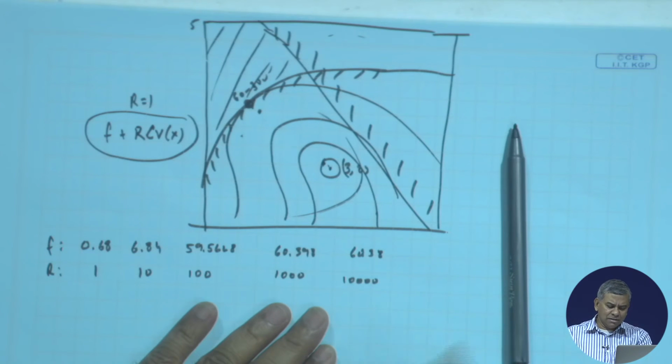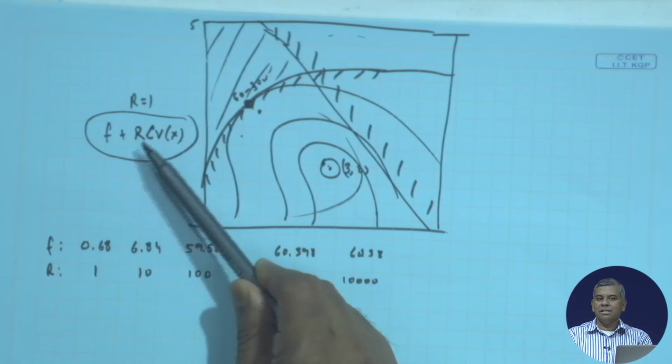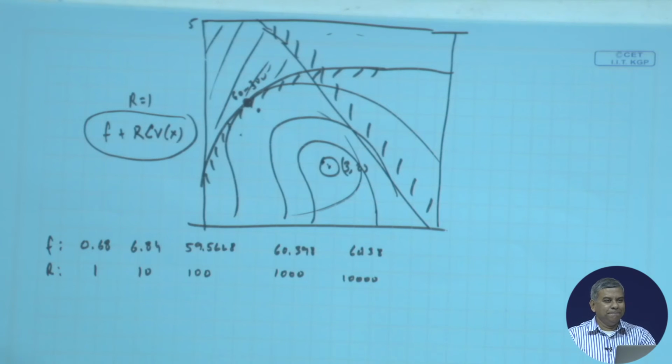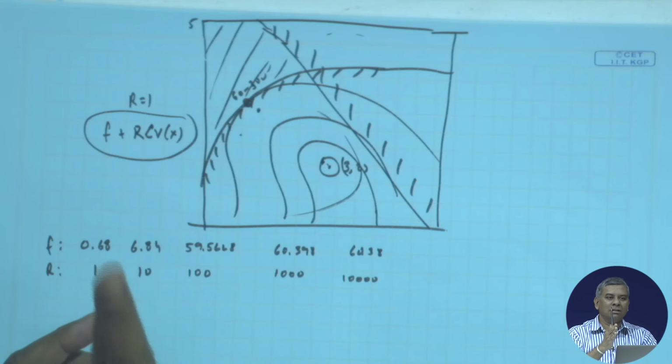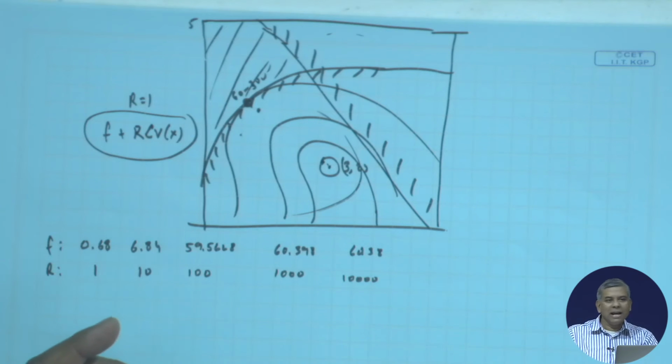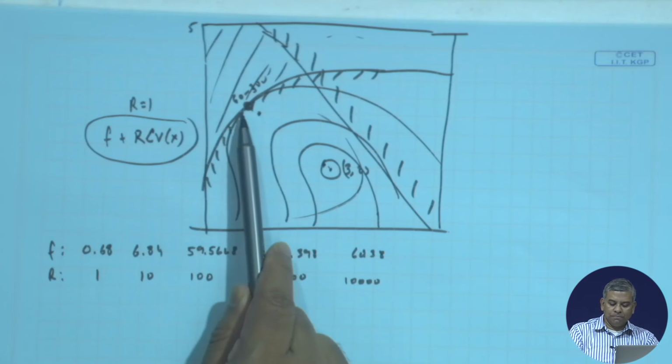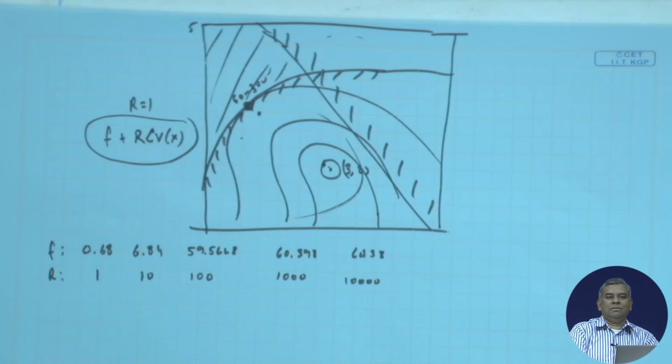Okay. Then the question you may ask is, when you did small r, why didn't it work? After a certain large r, some value of r critical, anything will work and give you the optima like I showed you, right? Now, anything below that critical, why doesn't it give me the optima?